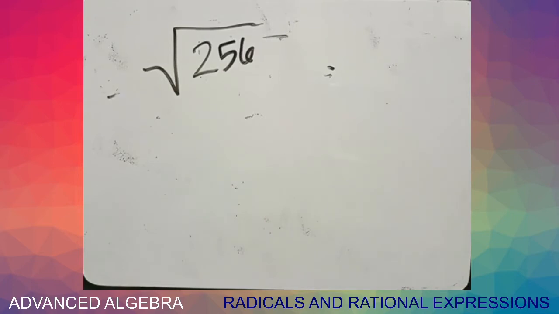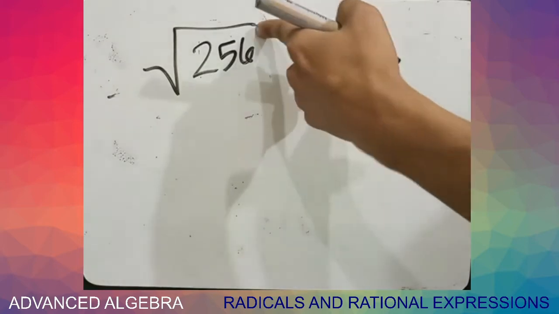Okay, so, paano mo kukuha yung square root ng 256? Hanap lang tayo ng factor niya na may perfect square root. Okay, so, si 256 ay divisible ng anong number? So, anong possible? Okay, try natin si 4.